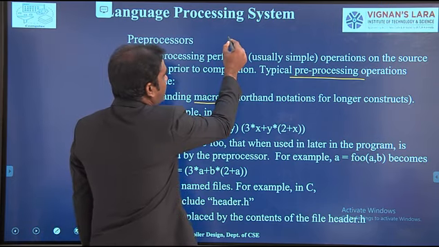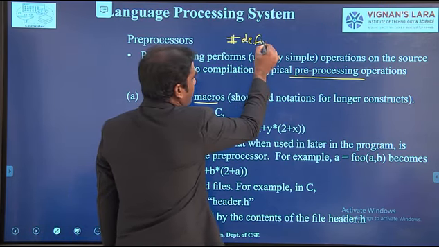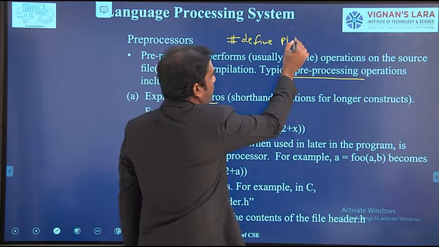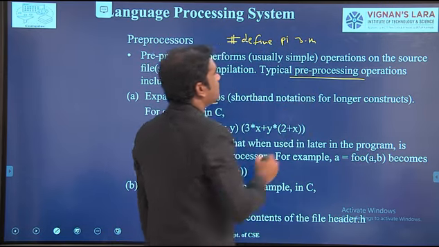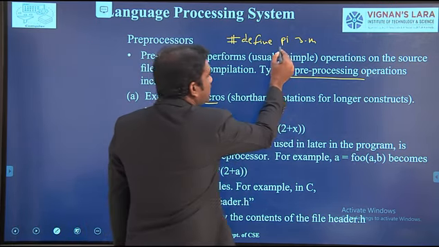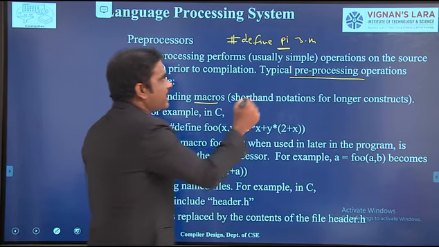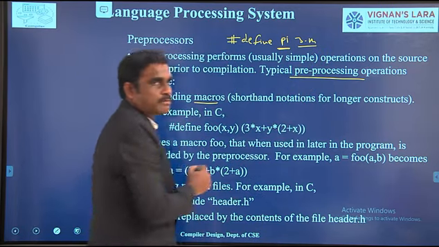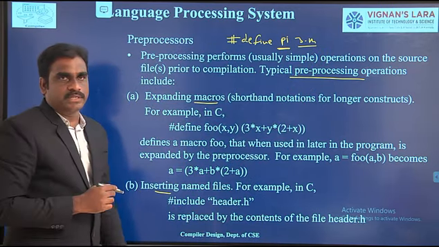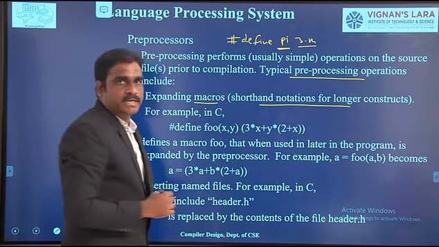Suppose I have declared #define PI 3.14. That means throughout the program, whenever the variable PI occurs, it is automatically replaced with the value 3.14. It is a shorthand notation for longer constructs.